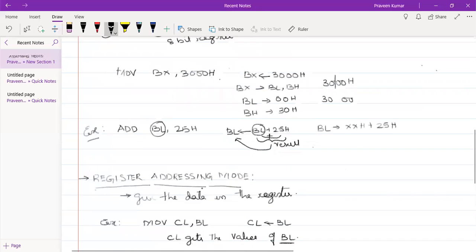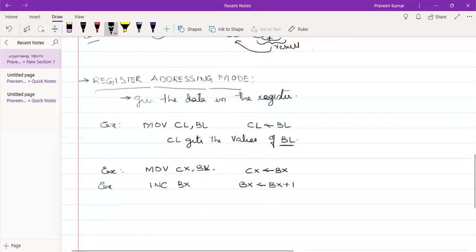The second addressing mode is register addressing mode. The moment I say register addressing mode, it means the data is given in a register. Say I'm placing data in a register called BL, and that data should be copied into the register called CL.